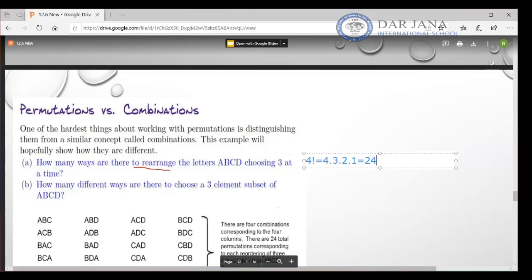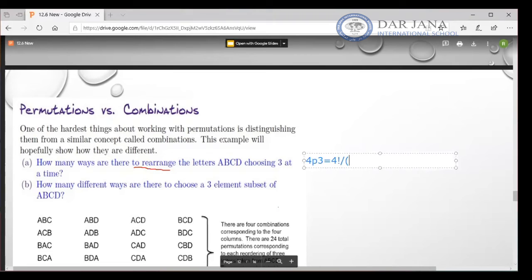Sorry, we are choosing 3 letters, so let me fix it. It's going to be 4P3. So it's going to be 4 factorial over 4 minus 3 factorial.